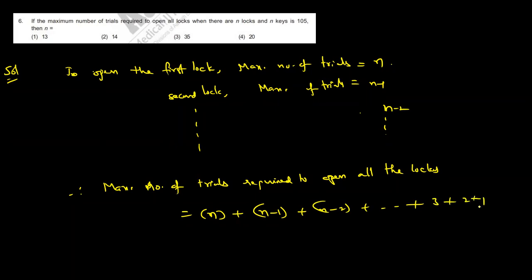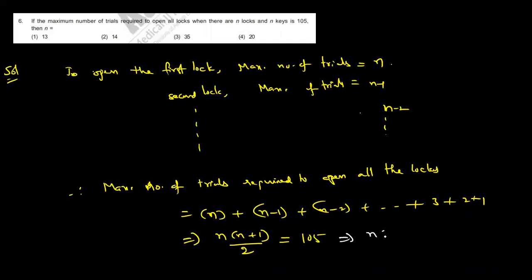Here I am using the fundamental principle of addition. What is the formula? Sum of the first n natural numbers, n into (n plus 1) by 2. For the given maximum number of trials, 105. Using this formula, what is the value of n?